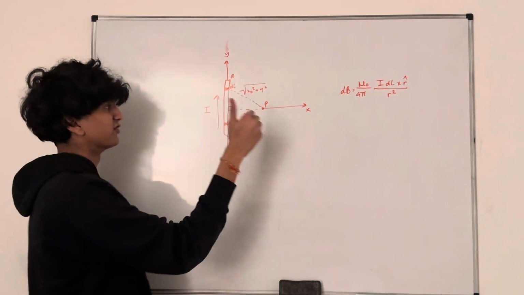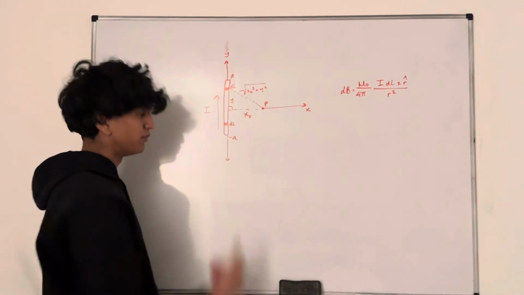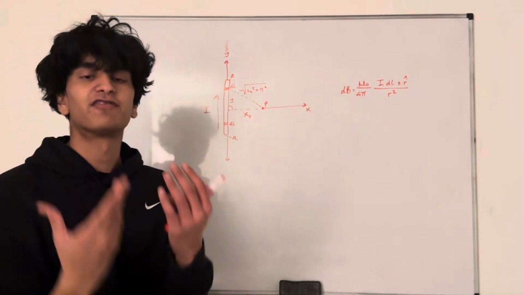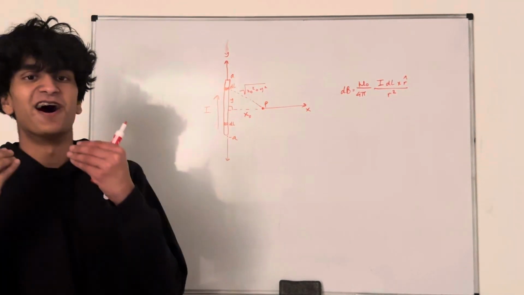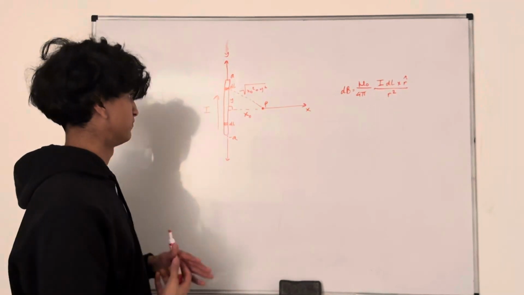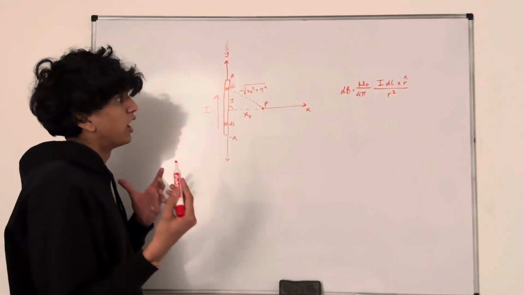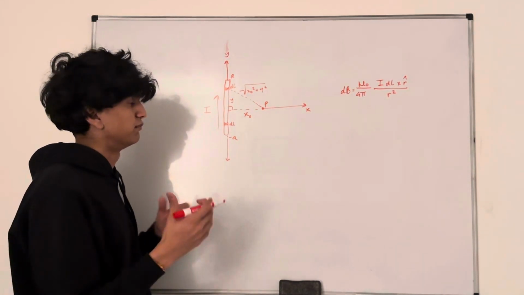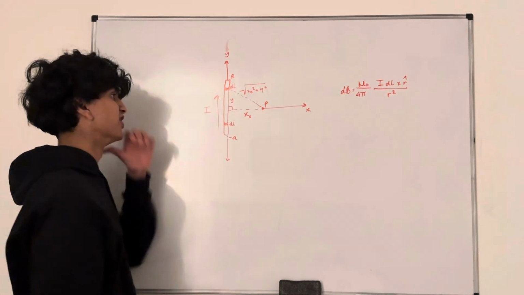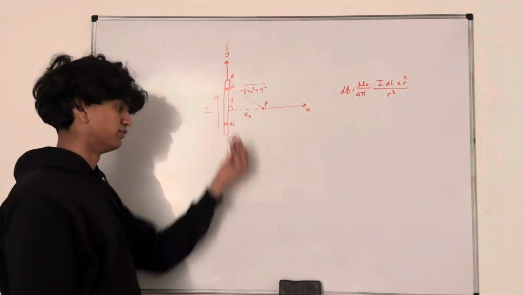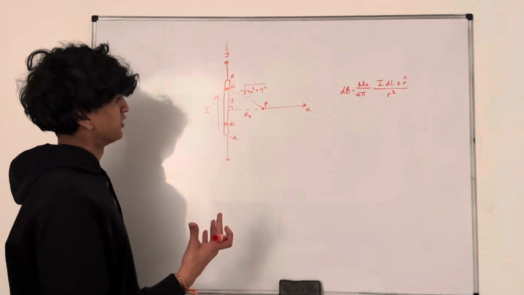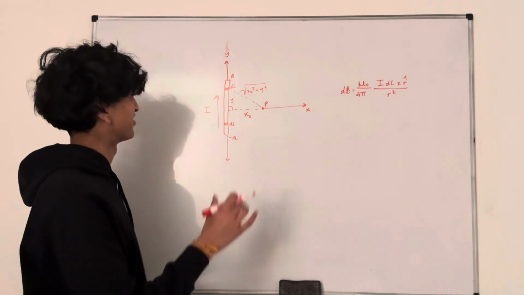All the magnetic field created by each piece is going to go into the page. We're going to have to do a sign in a second, but we don't have to worry about direction. All the dB's are in the same direction.